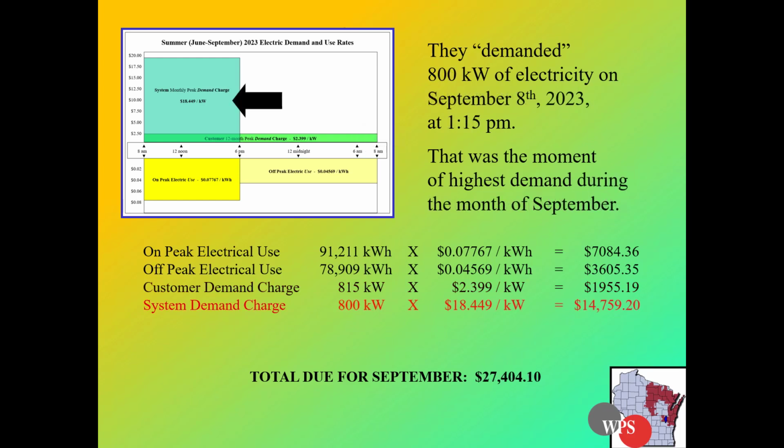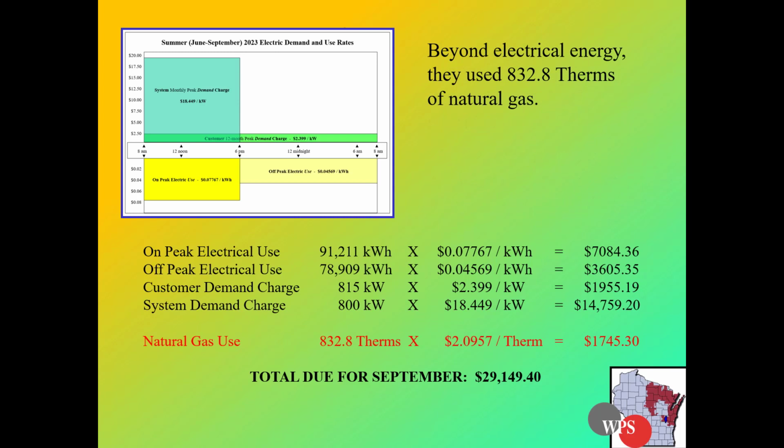They demanded 800 kilowatts of electricity on September 8, 2023 at 1:15 p.m. That was the moment of highest demand during the month of September. Beyond electrical energy, they used 833 therms of natural gas.